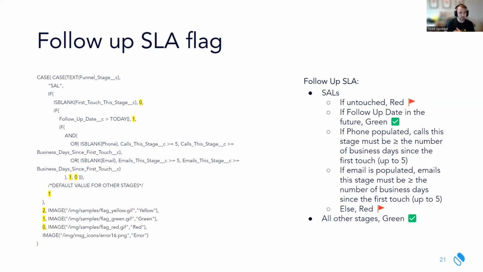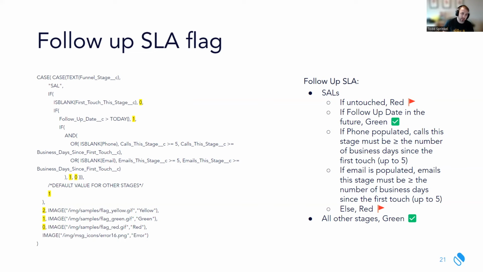Now, I talked earlier about how we don't want to have one-and-dones either. So here's an example of how you might measure that, in terms of: did we do all of the follow-up that we expect? In this example, I'm saying that once accepted, all of our SALs we should be logging a minimum of 5 calls and 5 emails in 5 business days.